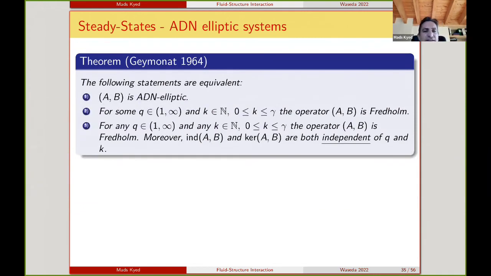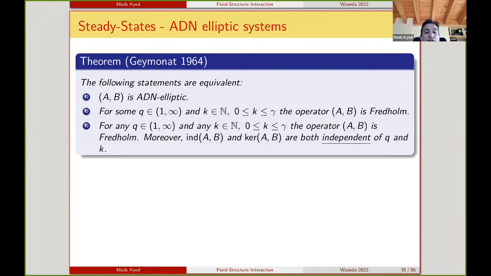Now, one additional theorem that I like to use quite a lot is the theorem of Geymonat. It states that the following statements are equivalent. Your operator, or system of boundary value problems, is elliptic in the sense of Agmon-Nirenberg.